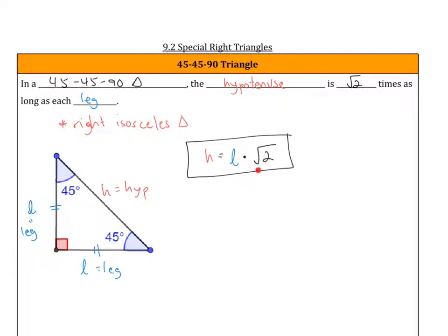Yes, you could technically write this in a different order, but I like having the variable or number in front of the square root of 2 so that I don't get confused and accidentally put it inside. All right, let's now use this in an example.